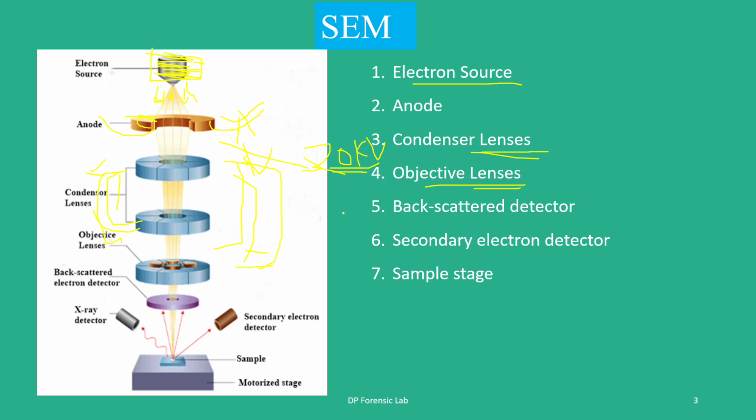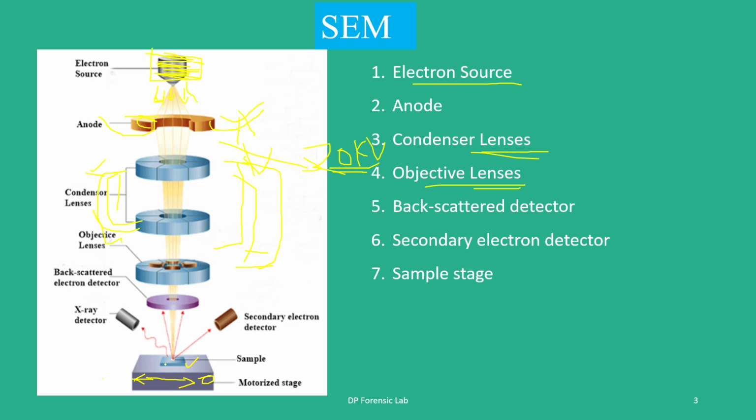And then the electrons fall on the sample. These samples are put on a special stage. This is the sample stage. This stage can be moved in this direction as per requirement, because the electron beam is coming in this direction and our sample is here.